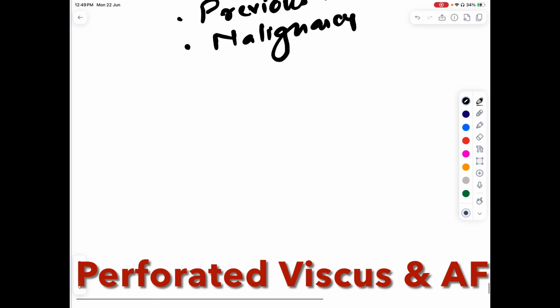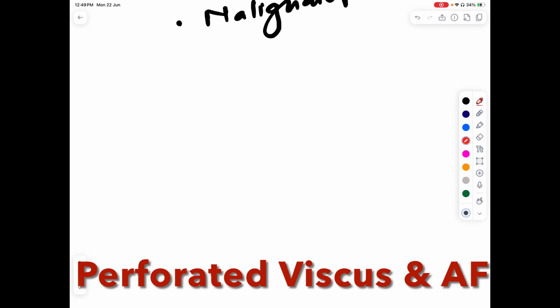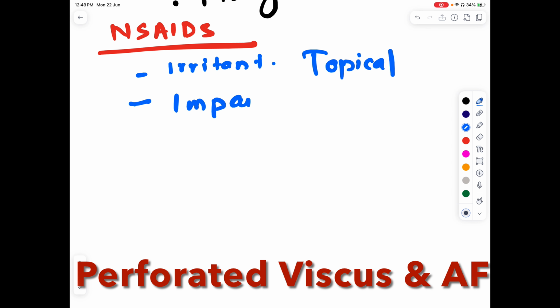So how do NSAIDs cause it? Most of the time patients are using NSAIDs and that leads to perforation. How does NSAID lead to perforation? It is a topical irritant, so it impairs the barrier properties of mucosa.